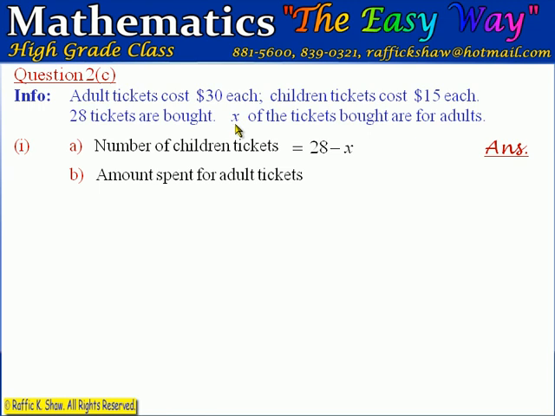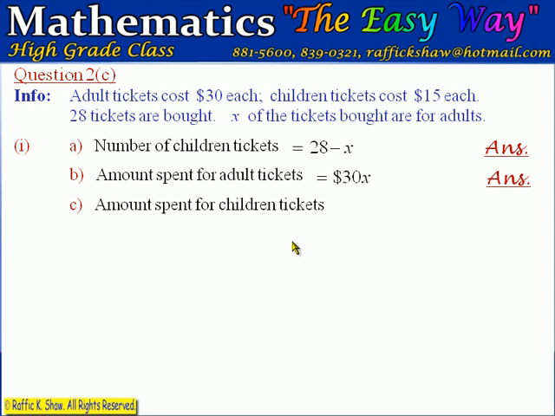Now, if there are X adult tickets at $30 each, then the amount spent for adult tickets must be 30 multiplied by X dollars, right? So that's it, $30 each, and there are X of them, so the amount spent for the adult tickets must be 30X.